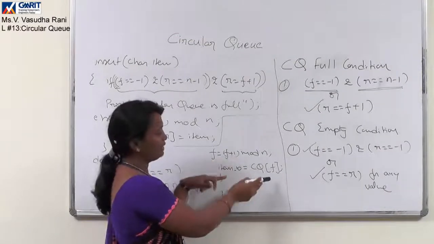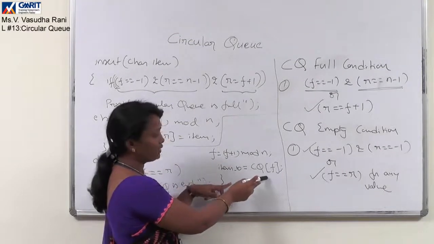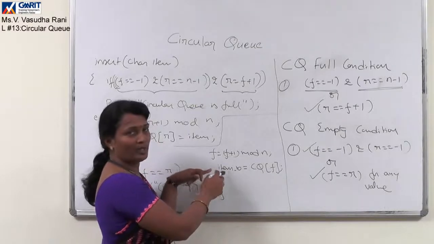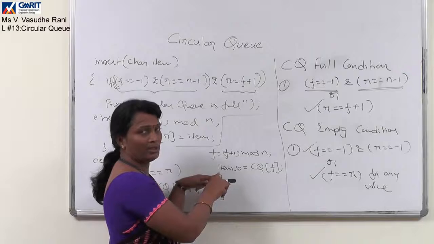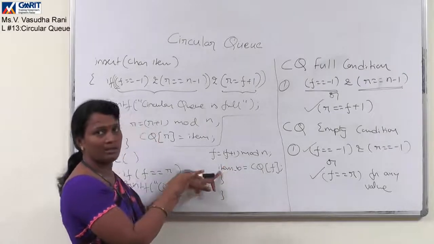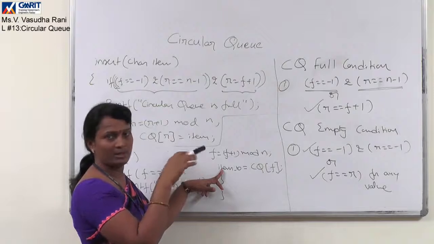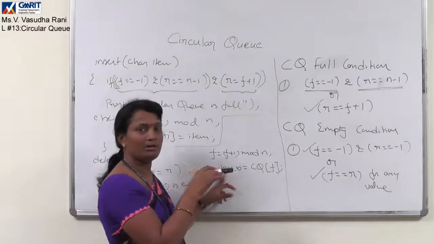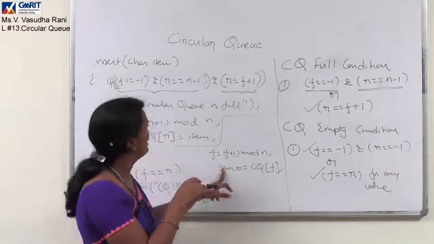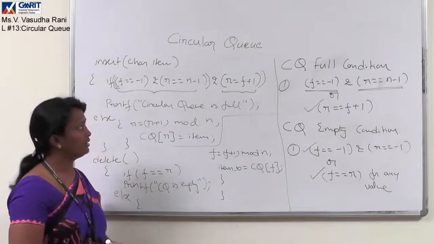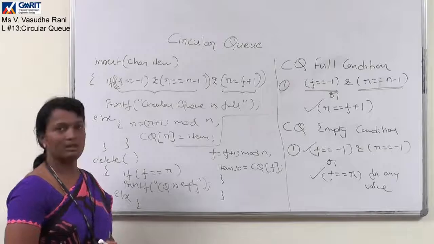We have incremented f, and whatever location the incremented f is referring to, that value we are pushing into the item to be deleted. So it indicates that that particular item is deleted. The current f index, whatever it is referring to, will be treated as an empty location itself. So this is the implementation for circular queue insert and delete operations.